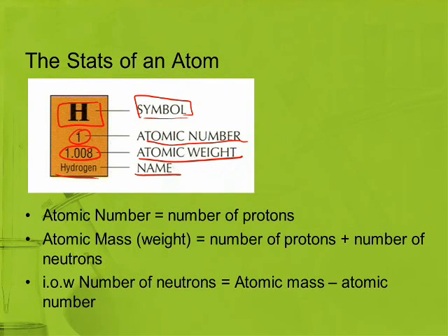Here's the name, hydrogen. So don't think about top or bottom as far as the atomic number or the atomic weight, because each periodic table is different. I've seen periodic tables like this, with the atomic weight on top or the atomic mass. I've seen it on the sides.